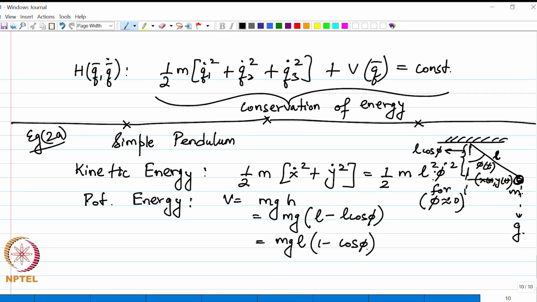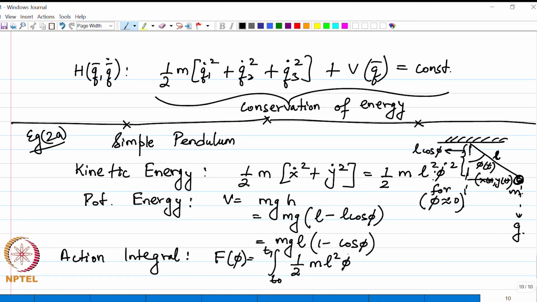Moving on. So, what we have is the following. You see that now we have written both the kinetic and the potential energy. So, now I can write down my action integral. My action integral F of phi is given by the integral from t0 to t1 of the total kinetic energy minus the total potential energy.